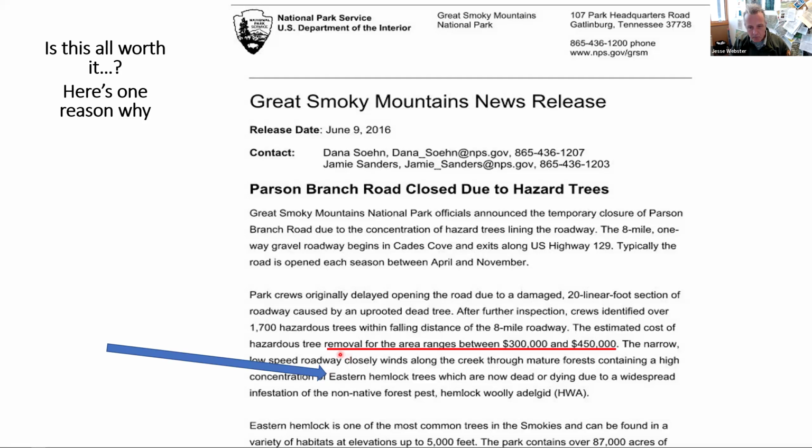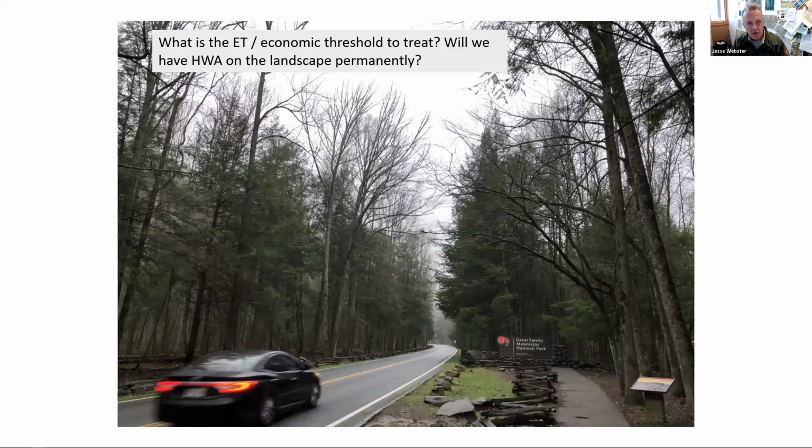So again, choose your areas wisely, get to them in time, and you'll be feeling a lot better about what you've done. That's just one aspect of the cost and the value of what we choose to do. But really, the entrance road to the Smokies, right out of Gatlinburg here, has streets lined with hemlock trees.